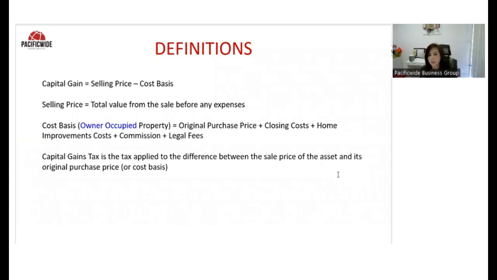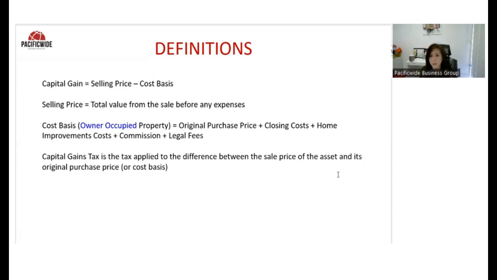So for example, in this case, the original purchase price is 500,000. The closing cost is 5,000. Home improvement is 50,000. So it's 555,000, and assuming commission and legal fees, everything like that, maybe 40-something thousand together, it's 600,000 total.